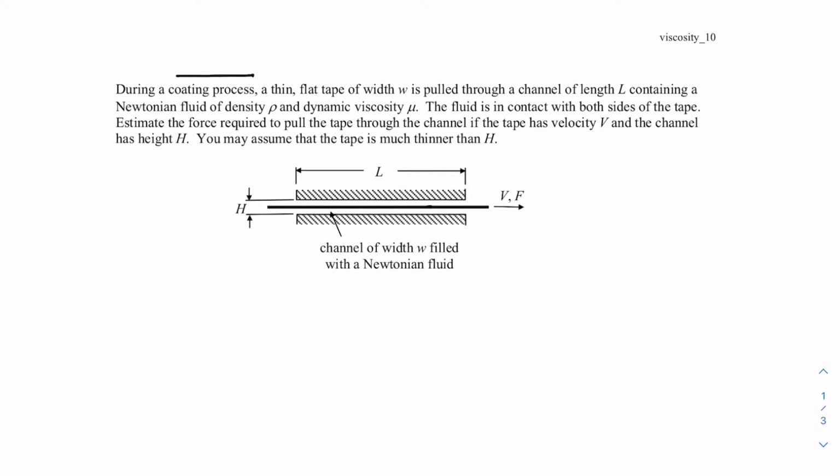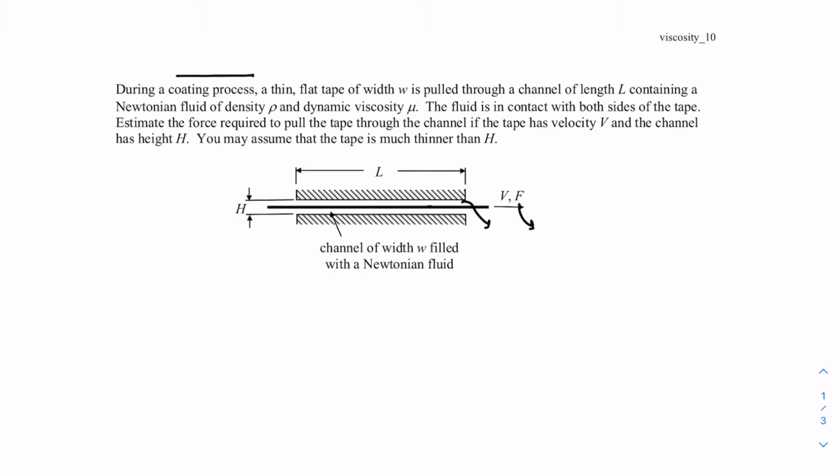And while we are pulling this, because of the no slip boundary condition, again there are velocity gradients inside this small gap, and because of those gradients there is a viscous shear stress acting on this wire. So if you want to pull it out, you'll have to apply some force so that it comes out at a fixed velocity.